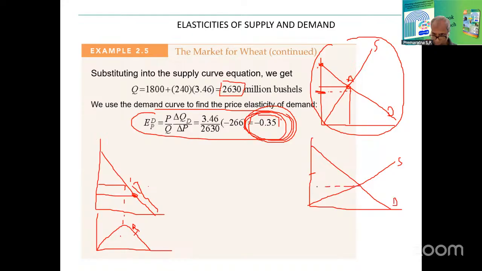Because here, below the midpoint price, this elasticity happened here, negative 0.35. So if you draw it this way, I deduct at least 2 marks. This is the question. It is just to think of when you draw curves, you have to be careful.